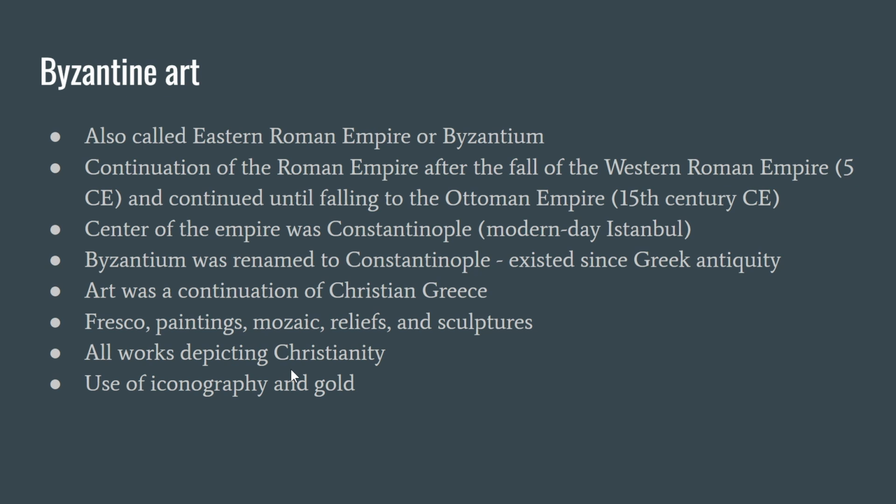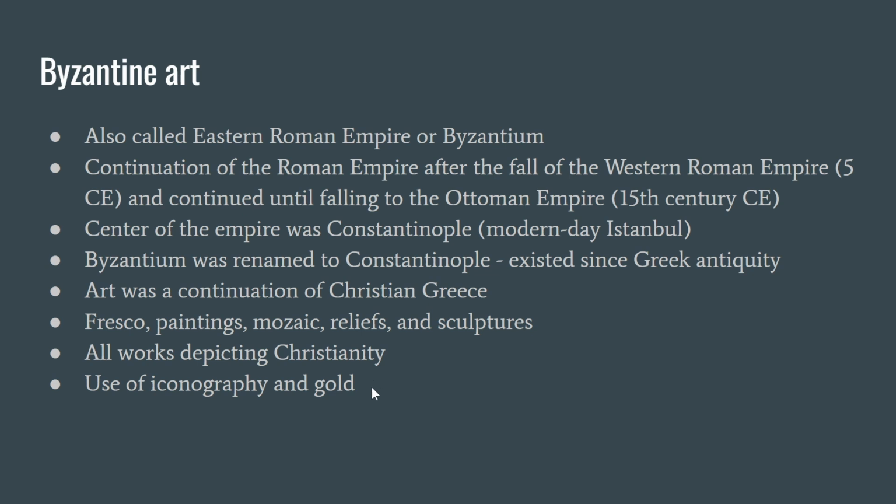So the use of iconography was really big. Okay, what is iconography? Iconography are things like crosses, halos, symbols used to depict certain people or religions or events, icons.